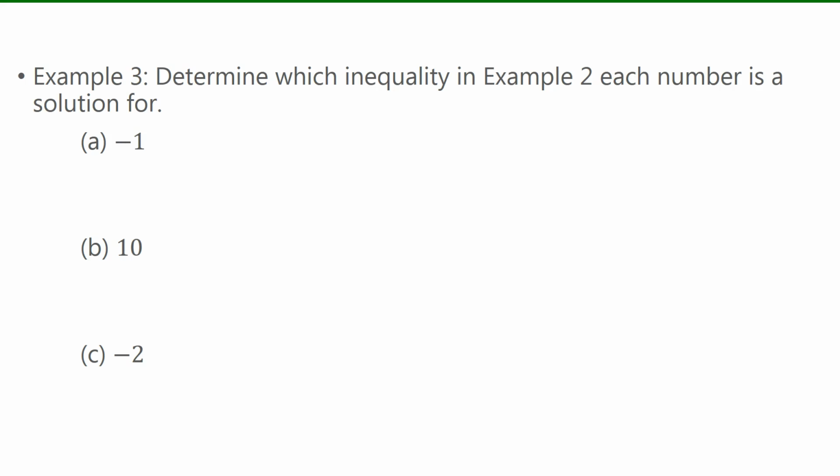Now in example 3, we have to determine which inequality in example 2 each number is a solution for. So we can plug in negative 1 to each inequality to see if the inequality is true, but since we have the graph done, it is much easier to look at the graph to see if it's part of the solution. So in A we have negative 1.